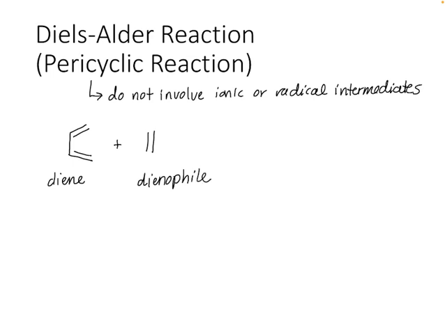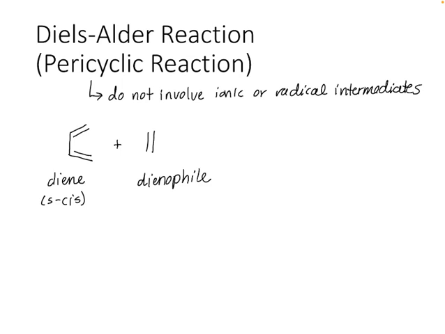So dienophile means that this molecule really wants to react with a diene. It really likes dienes. Now notice that the diene is in the S-cis configuration, where the two double bonds are facing in the same direction.